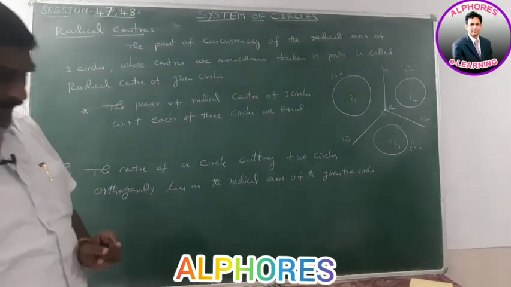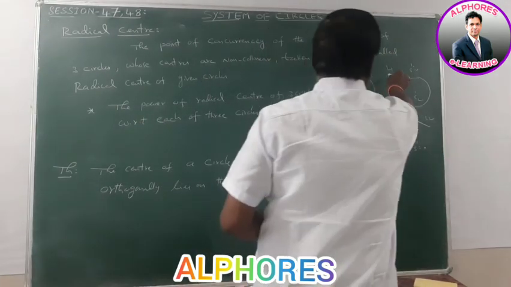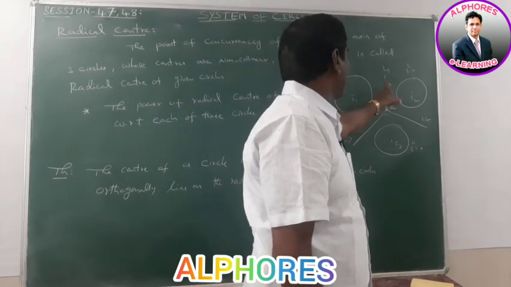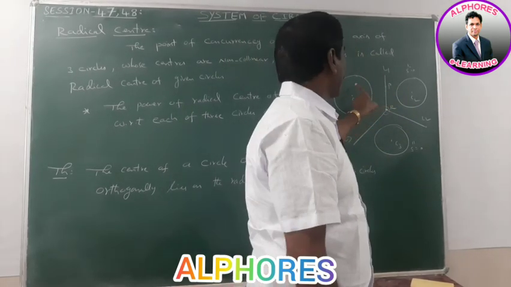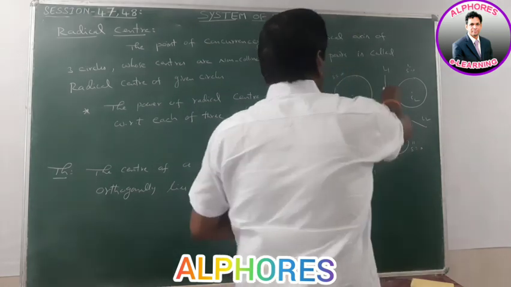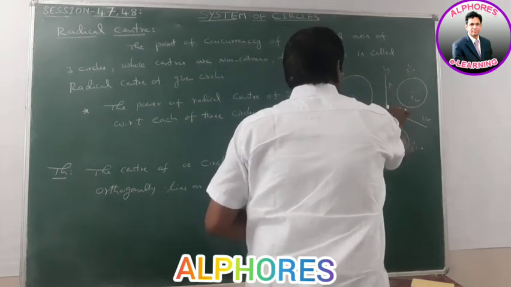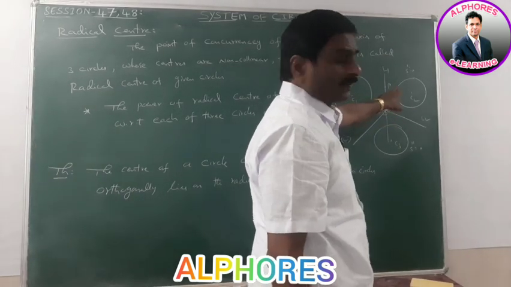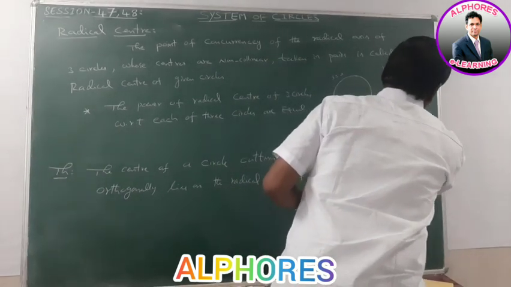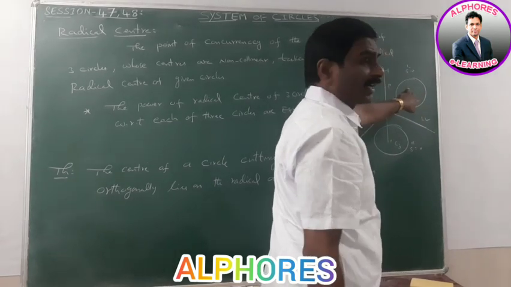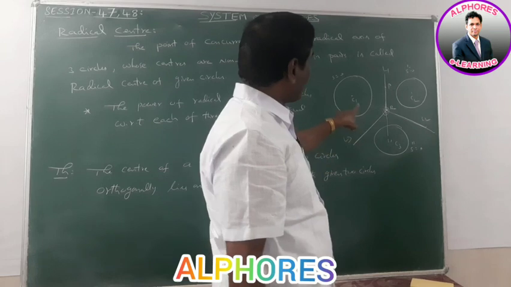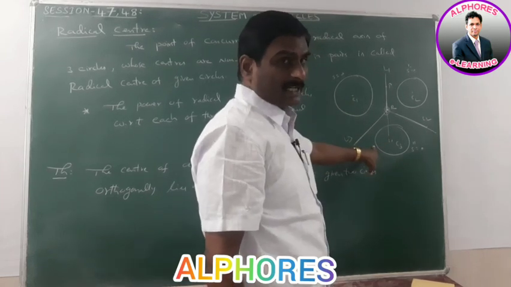Please observe this point. Suppose this is the radical axis. For every point on this line, the power of the point with respect to these two circles is equal. S11 is equal to S'11. If P moves on this line, any point on this line, S11 is equal to S'11. Suppose the point P lies on this line L2, S'11 is equal to S''11. Suppose the point lies on L3, then S11 is equal to S''11.